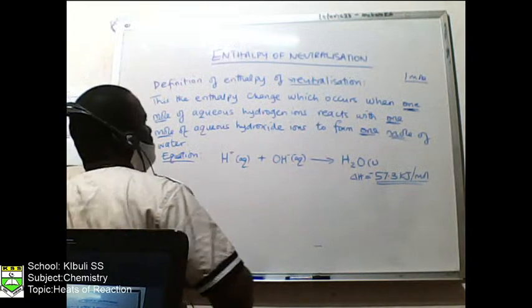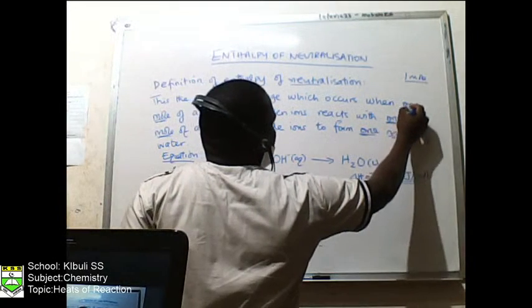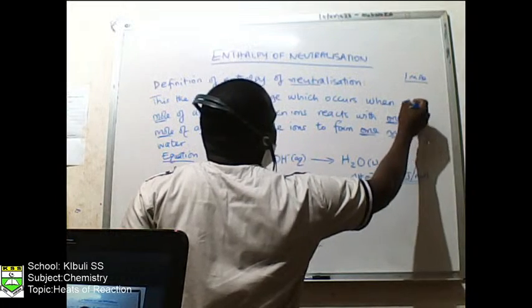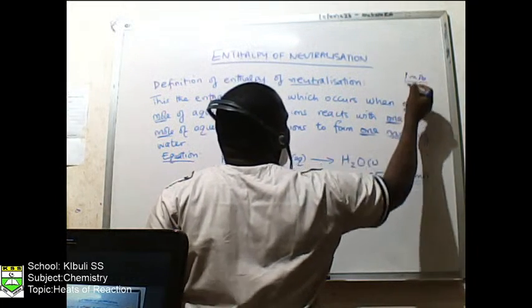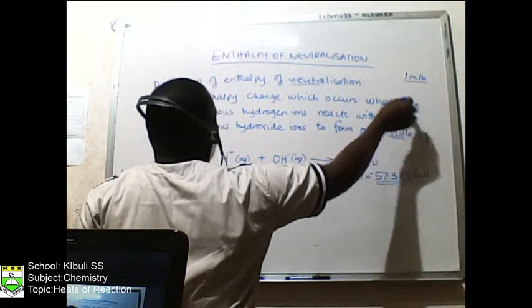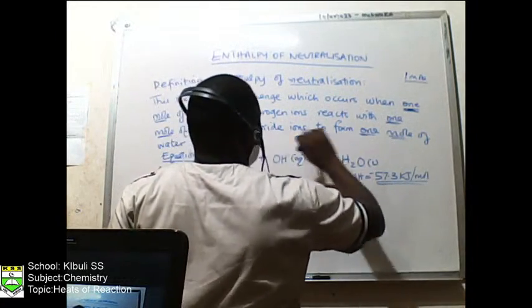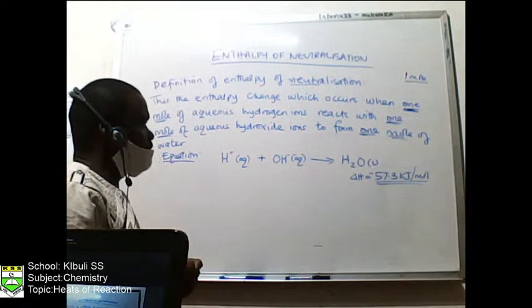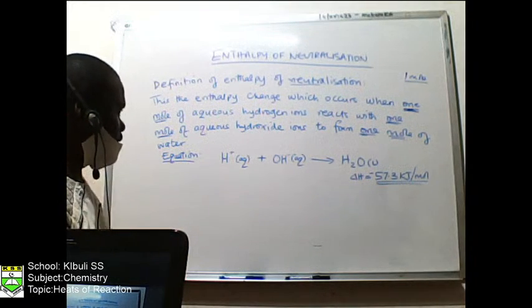We must emphasize that this word "one" should be the word one, not the number 1. And also we emphasize that the phrase "1 mole" is used 3 times in this definition. So we don't need to forget that.